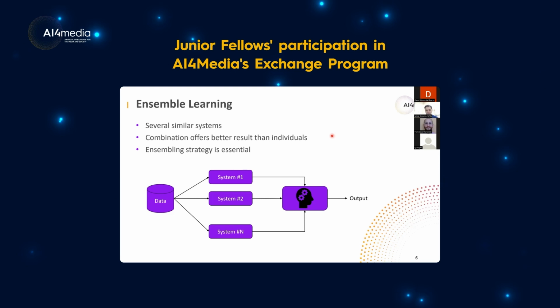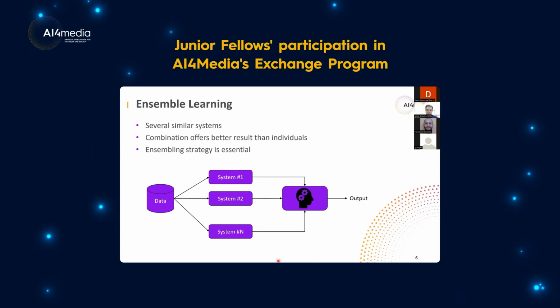The only difference is that it is done not on the feature vectors per se, but on the system level, meaning that when we have several similar systems, each performing the same task, we want to run them and then collect their individual outputs, combine them in an intelligent way, and this is basically the ensembling part, and then output a decision. This decision ideally should be better than each individual decision from these n systems.